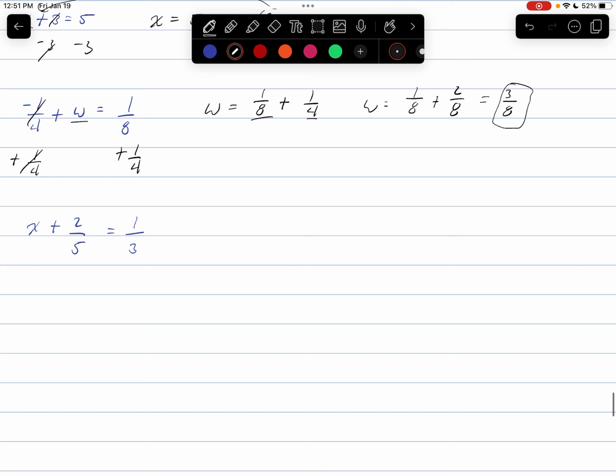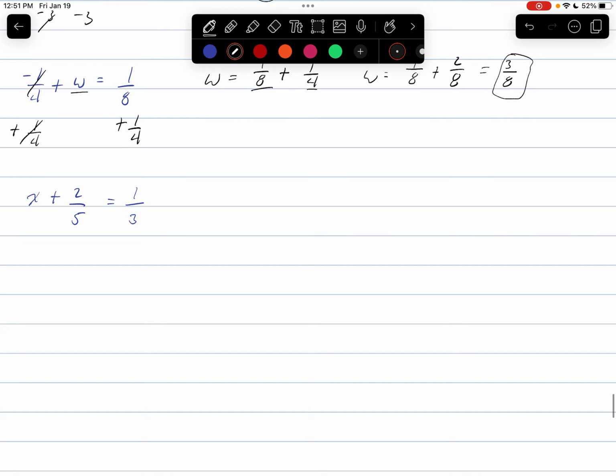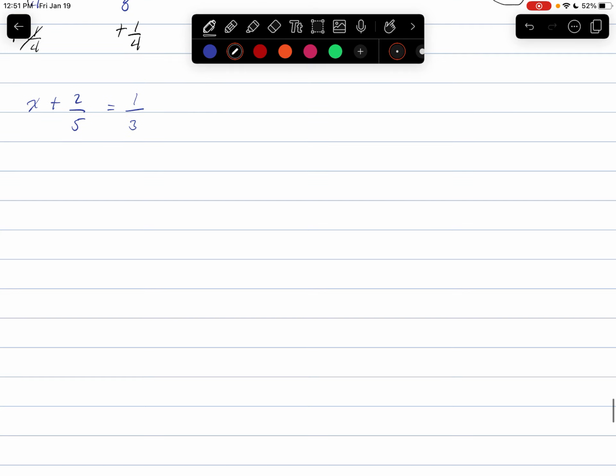Okay. Let's do one more. Here we have x plus 2/5 is equal to 1/3. Again, we want to isolate x by itself, so let's take 2/5 away. And that's going to give us, after these cancel, x is equal to 1/3 minus 2/5.